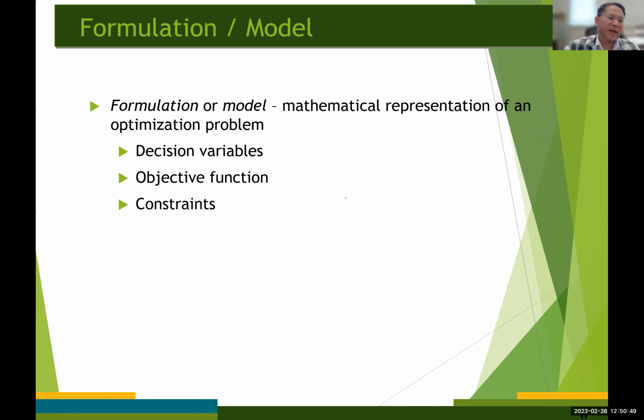We've learned that a mathematical model consists of decision variables, the objective function, and some constraints. We also talked about how to construct the linear programming model. A linear programming model is a typical mathematical model where both the objective function and all of the constraints are linear functions.